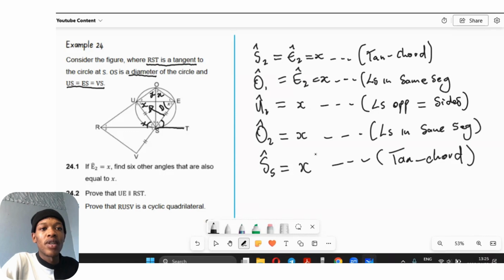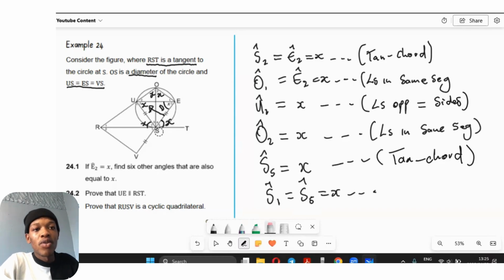Now we're left with only 1. Since this one is X, which one do we go for? Remember, we have a diagram outside here. S1 is equal to S5 and is equal to X. How come? They are vertically opposite. Let's make sure you can see that. There is S1 and there is S5.